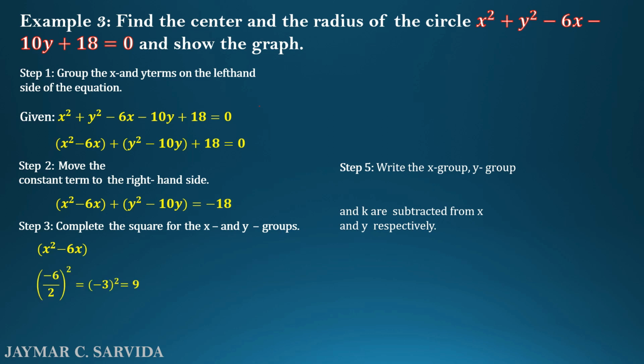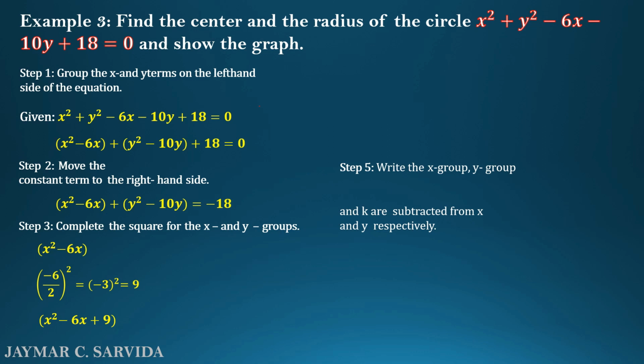So, ano yung coefficient ng ating x? That is negative 6. The quantity of negative 6 divided by 2 squared. Then, i-divide mo muna yan. Negative 6 divided by 2 is negative 3. Then, negative 3 squared is equal to 9. Okay? Then, i-add natin yung result doon sa ating x group. Add the result to the x group.